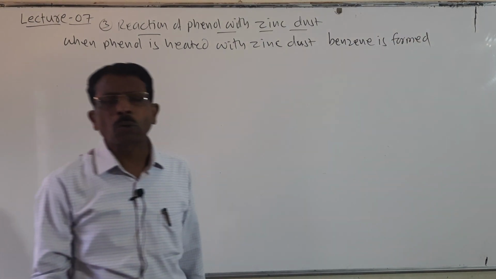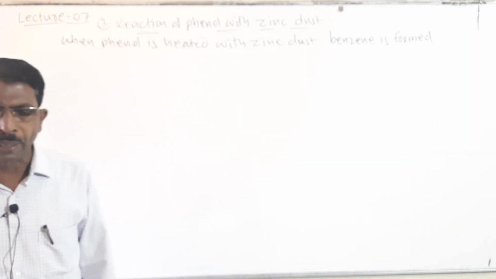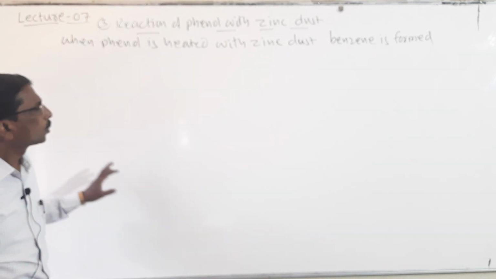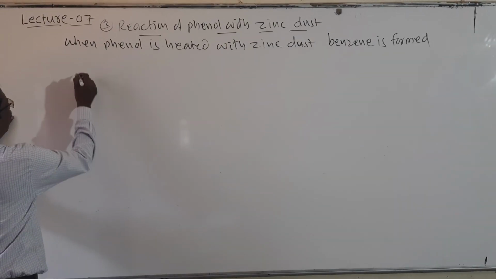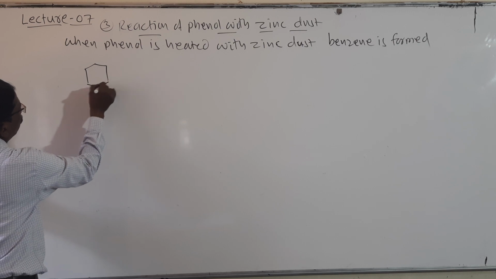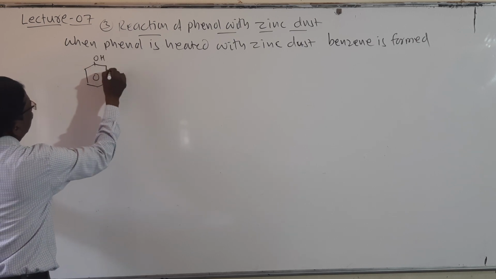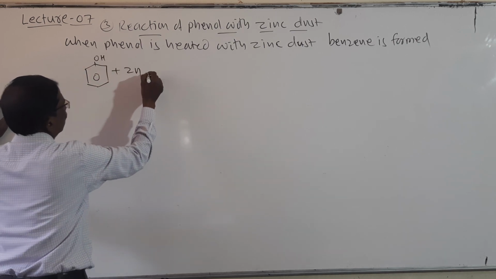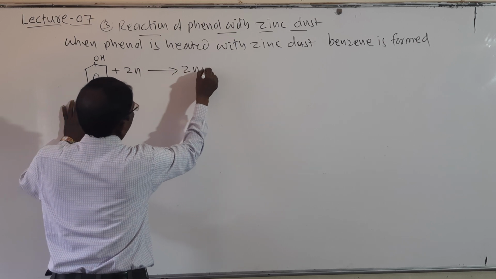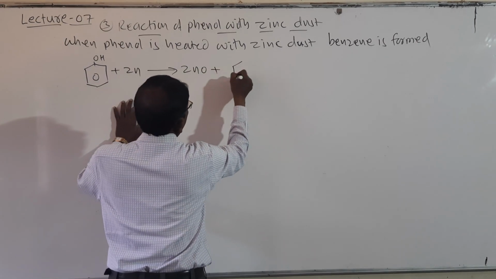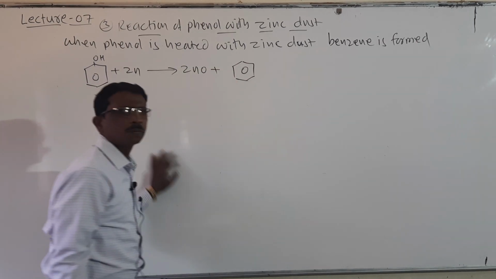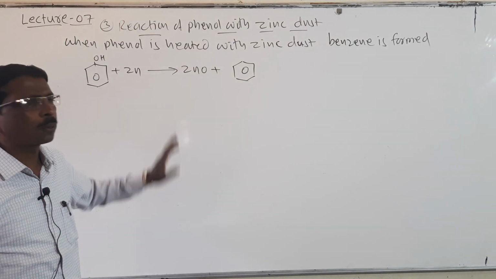So here it undergoes a reduction. Look here, when phenol is treated with zinc dust, it forms ZnO, and it gives benzene. So this is the reduction of phenol to benzene.